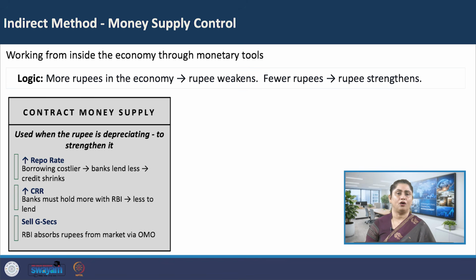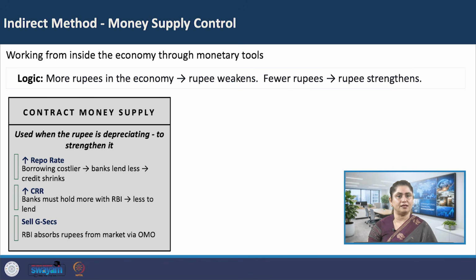Another way of controlling the money supply is open market operations, that is by selling government securities. When the RBI sells government bonds and treasury bills in the open market, banks and investors buy them by paying rupees to the RBI. Those rupees are absorbed by the RBI and taken out of circulation.